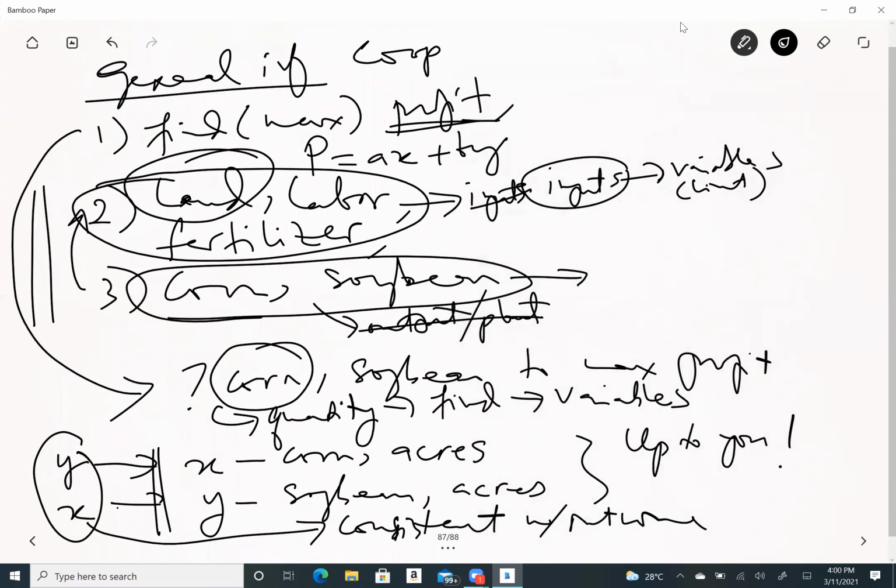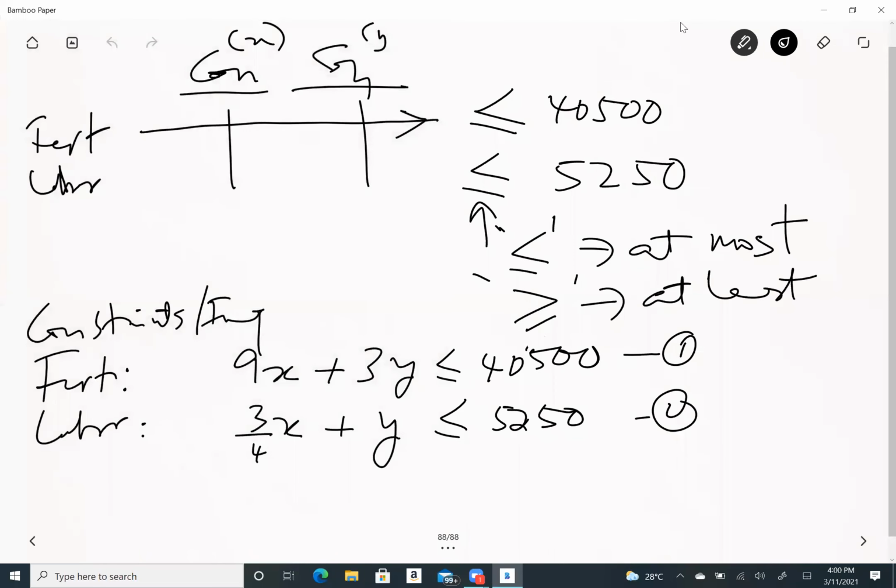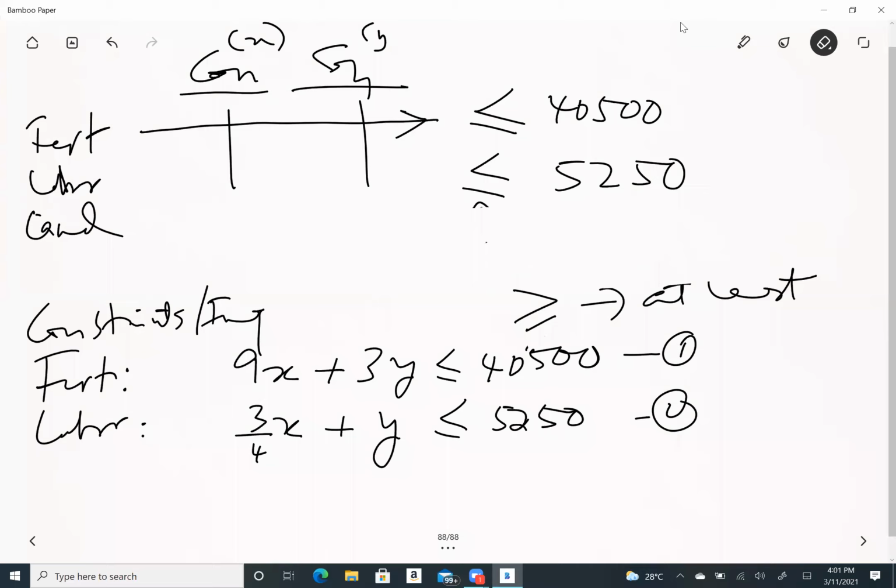Now, how do you get that land constraint? If you look at land, what is the limit to the land? How many acres do you have available for the company? 6,000. 6,000 is the amount that you have available.